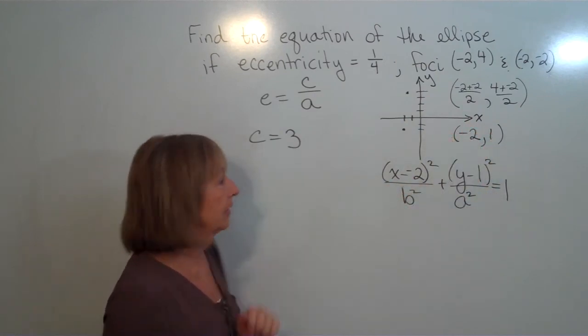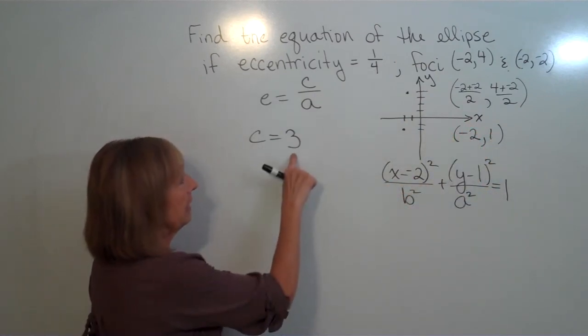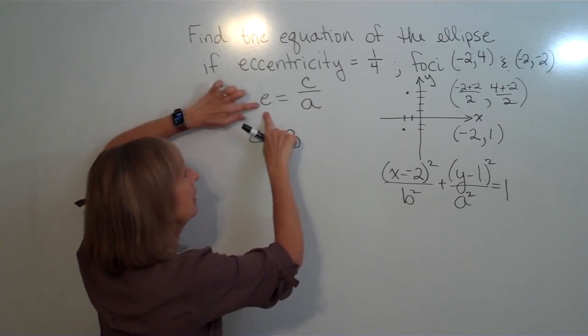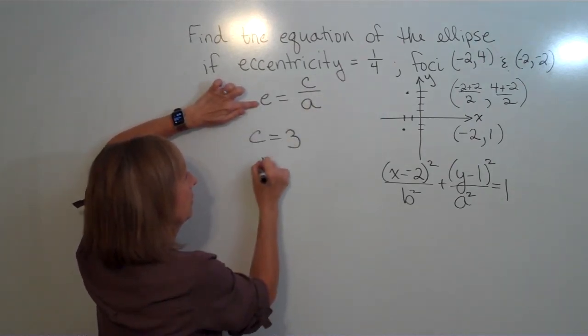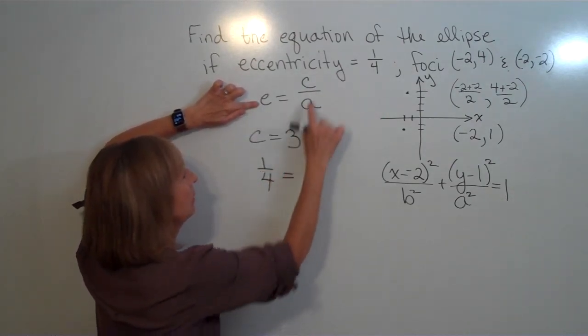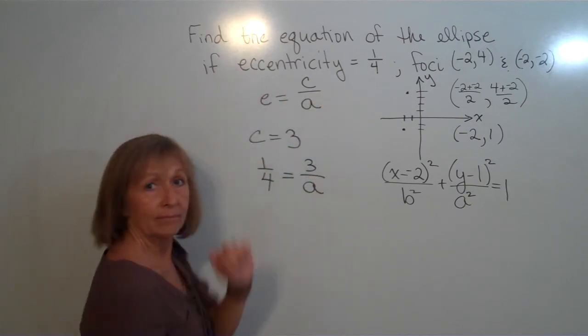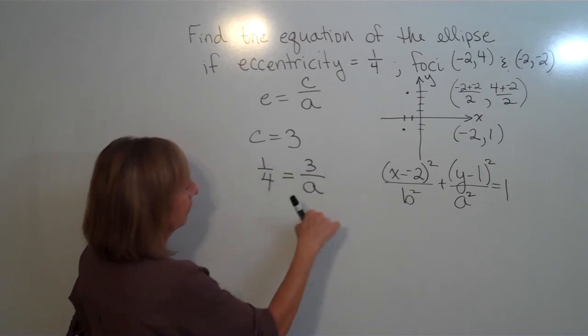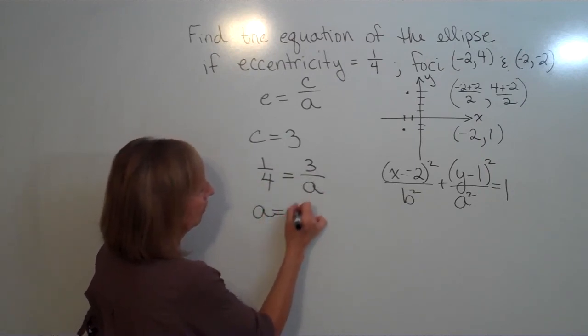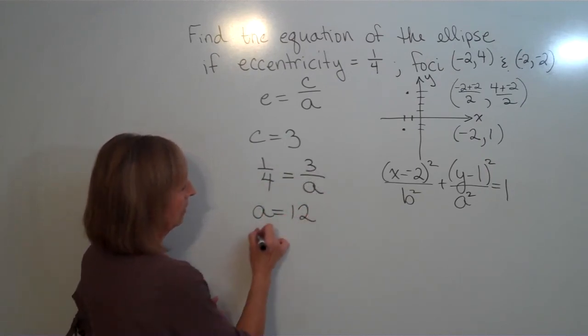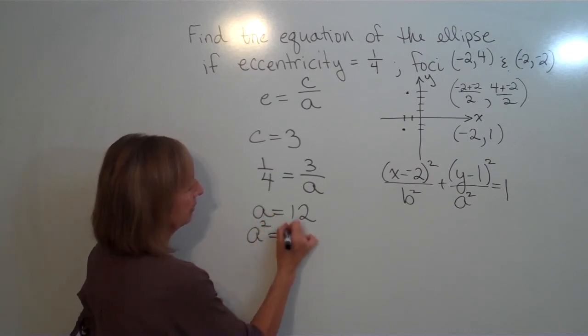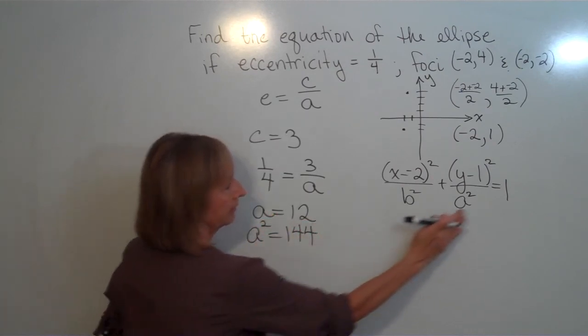You have to get it from there. Now that I know c and I know the eccentricity, 1/4 is equal to c, which is 3, over a. Cross multiply, I get a is equal to 12. So a squared is equal to 144.